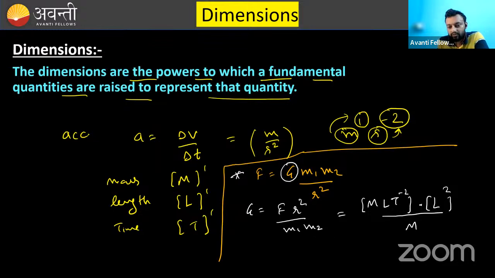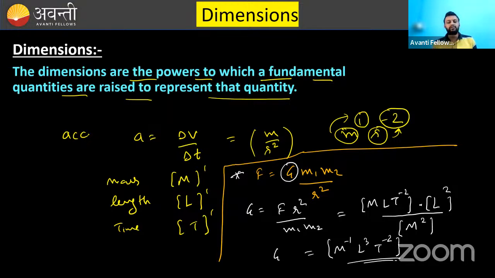Mass has the dimension M, so there are two masses, that is M square. Now if you solve this, M square will go upward, that is M minus 1 L cube T minus 2. This is the dimension of G. I think this is the basic thing that you should know. I am just revising the things so that there is clarity in your thoughts. Moving further. Tell me whether you know that or not.